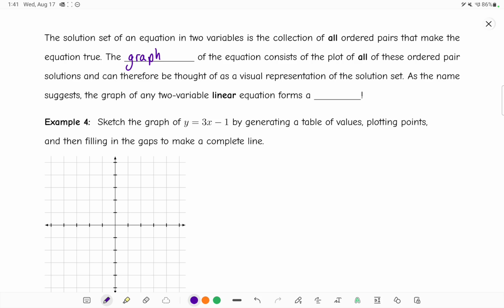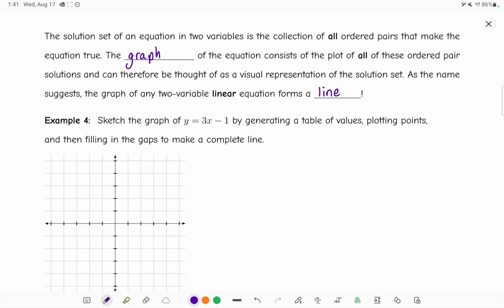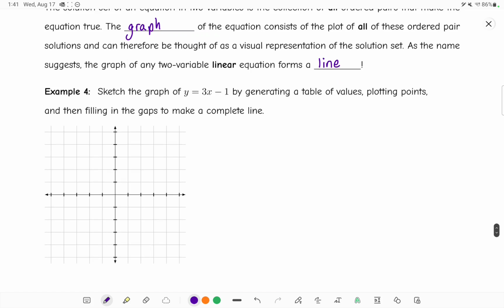As the name suggests, the graph of any two-variable linear equation forms a line. Sketch the graph of y equals 3x minus 1 by generating a table of values, plotting points, and then filling in the gaps to make a complete line.